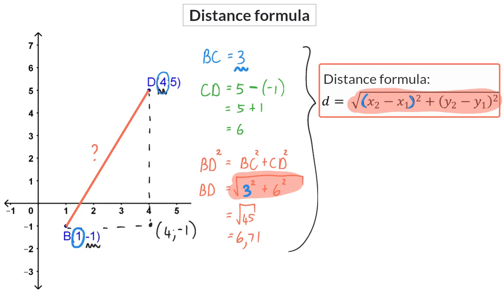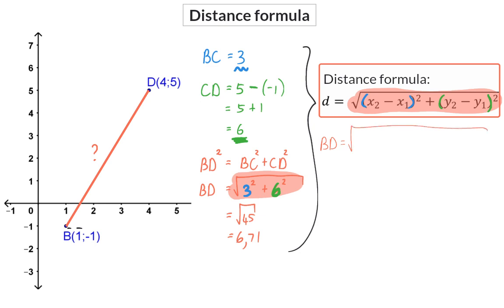Then we have a look at the second bracket, and the second bracket gives us the vertical distance between the two y values. So instead of doing all these separate calculations, you can always simply substitute your 2 coordinates into the distance formula. Let's try it out and determine the distance of BD.